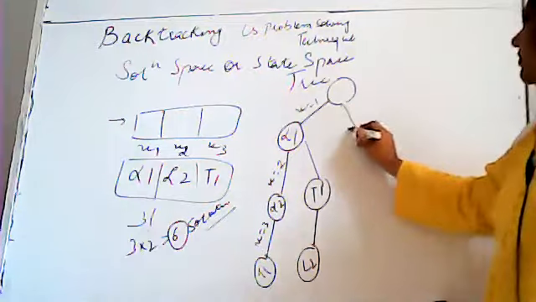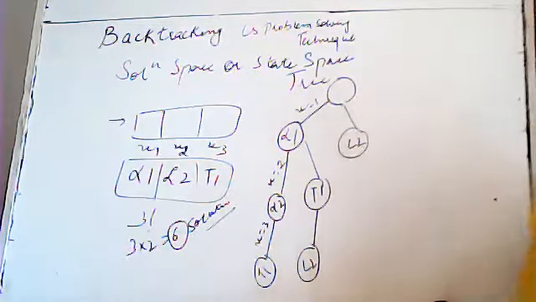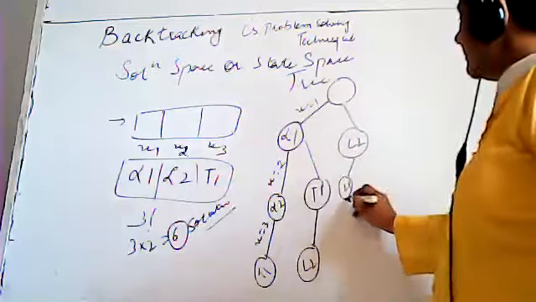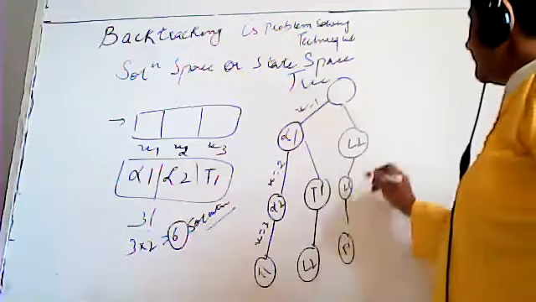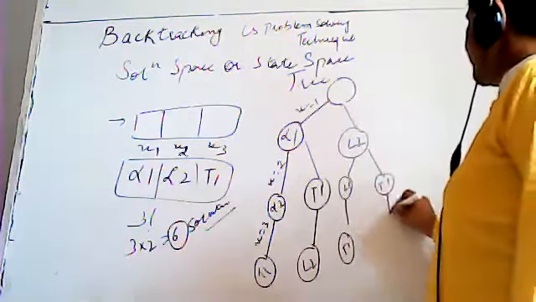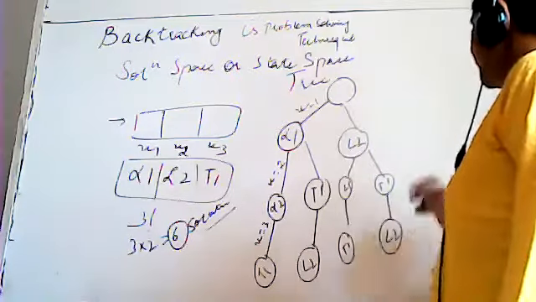Now let's do the second combination. L2 on first seat, lawyer 1 on second seat, teacher 1 on third seat. Then teacher 1 on second seat and lawyer 2 on third seat.